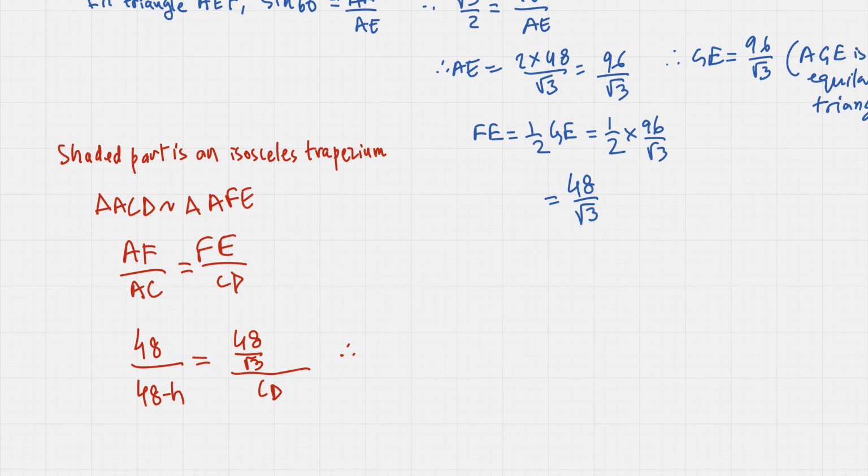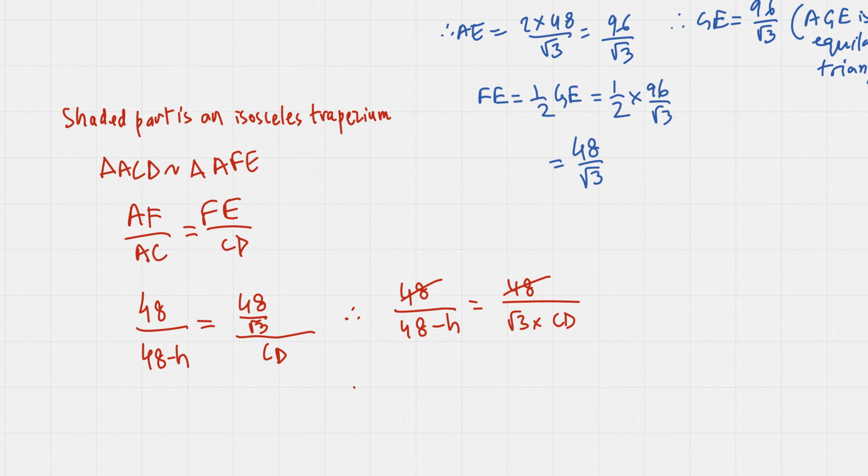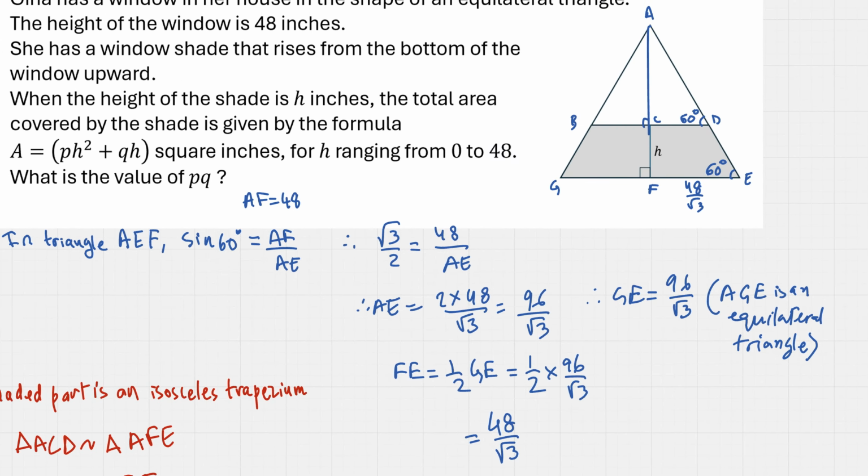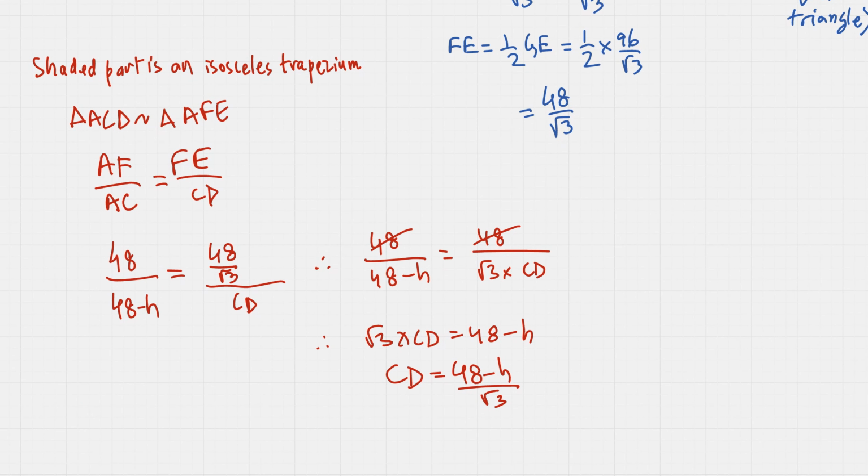Simplifying, 48 over 48 minus h is equal to 48 over root 3 times CD. We can cancel out the 48, so root 3 times CD is 48 minus h. So CD is equal to 48 minus h over root 3. That gives us CD, hence we can find BD.